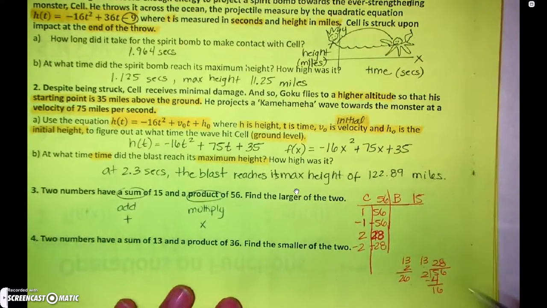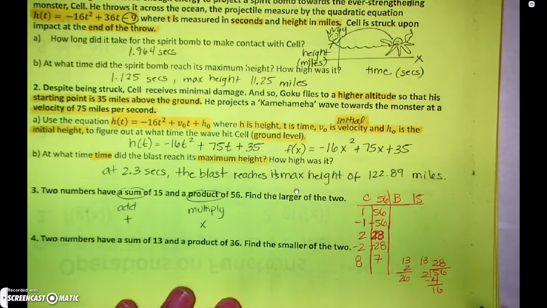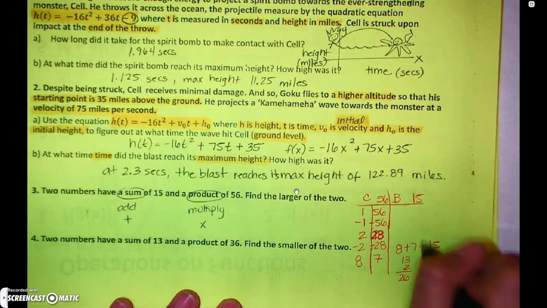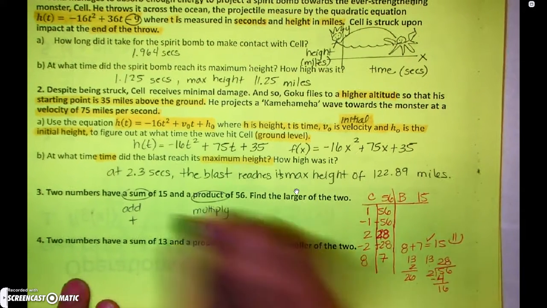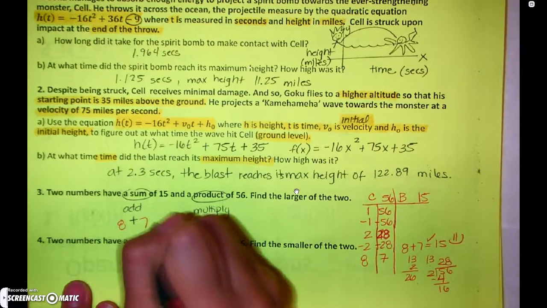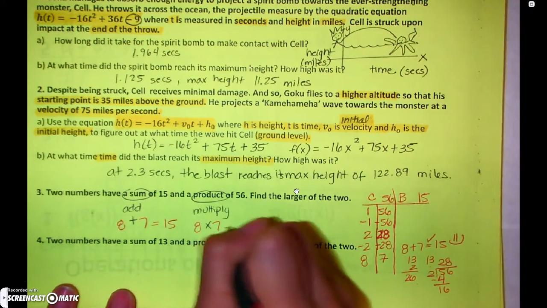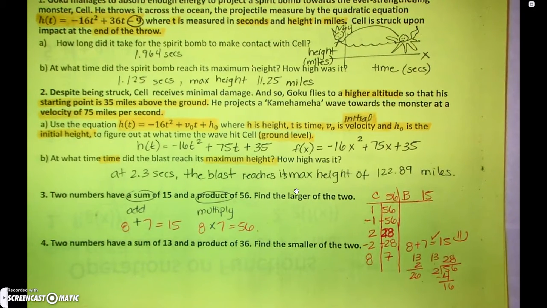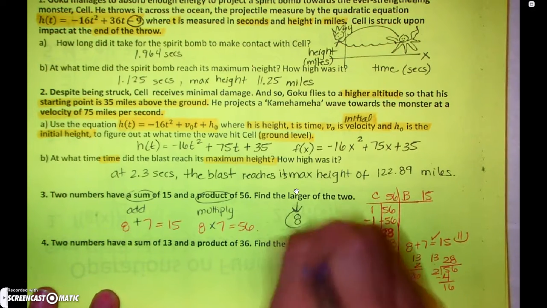How about 3? Or I know. What about 8 times 7? Doesn't 8 times 7 equal 56? Yeah, and if I add 8 plus 7 together, don't I get 15? Woohoo! Okay, so I found two numbers that if I add them together, they equal 15, and if I multiply them together, it equals 56. Which one is the larger of the two? The larger out of 8 and 7 is 8.